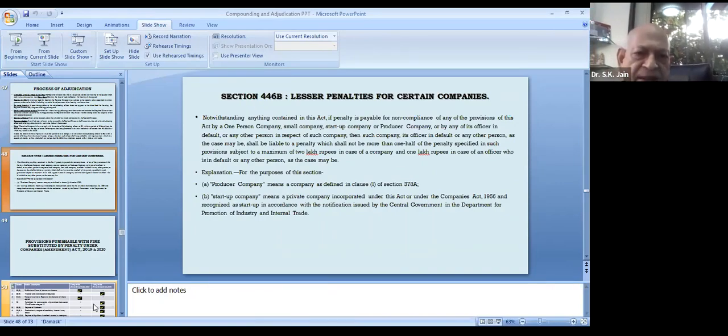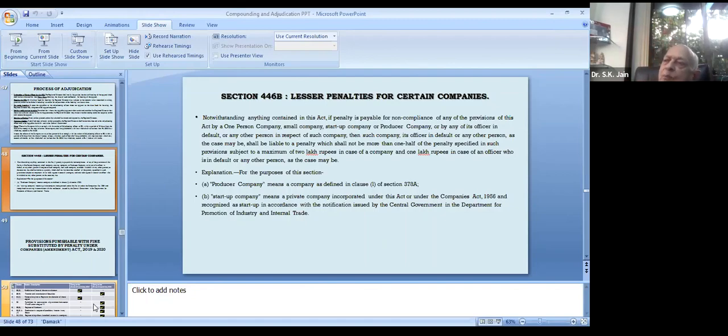Now, Section 446 provides, notwithstanding anything contained in this Act, if penalty is payable for non-compliance of any provisions of this Act by a one-person company, a small company, a startup company, or producer company, or by any officer in default or any other person in respect of such company, then such company, its officer in default or any other person, as the case may be, shall be liable to a penalty which shall not be more than 50% of the penalty specified in such provisions.